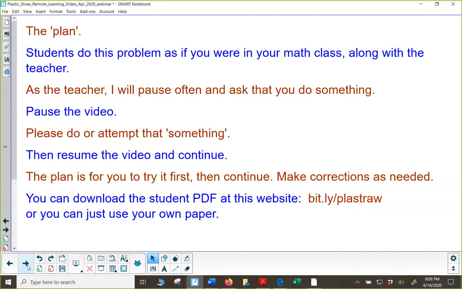But I want them to try it first and continue and make corrections as needed. You can download the student PDF at this website, which we will talk about later, and Mike will have that also in the materials afterwards. Or you can just use a piece of paper. You can follow everything on the video. If you want to use it as a standalone, once we get back into the classroom, you've got a student PDF as well. So let's go ahead and get started.